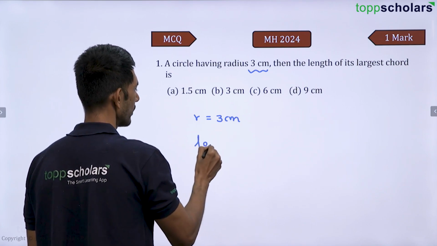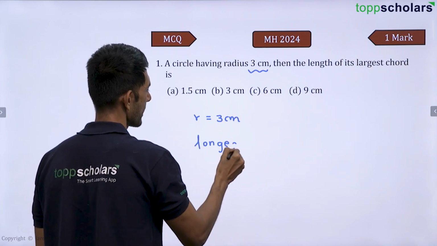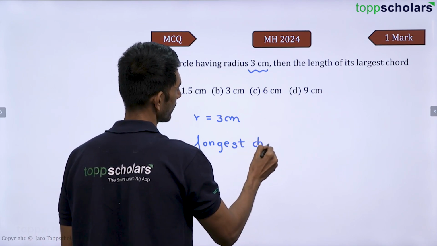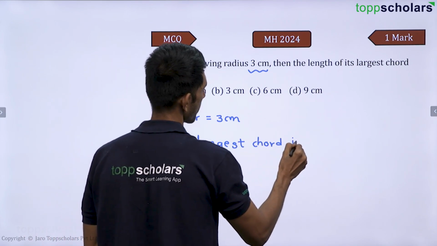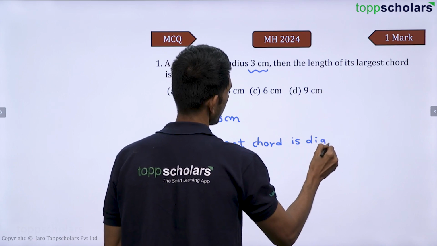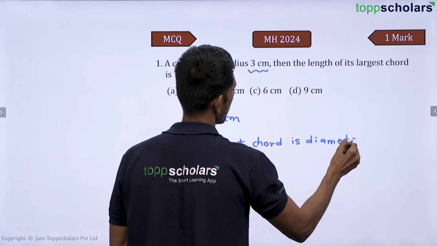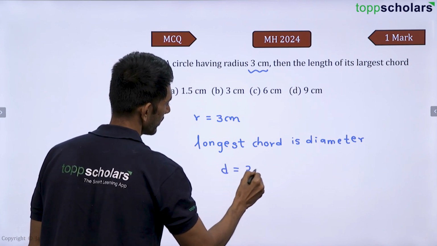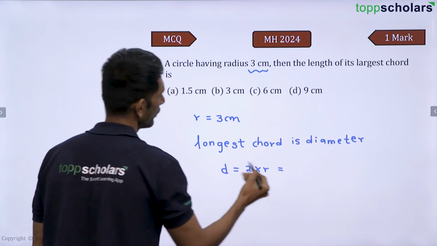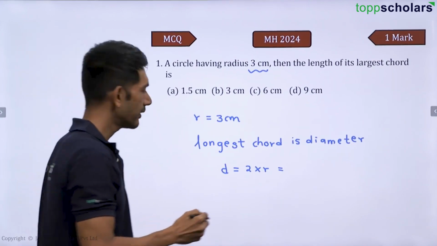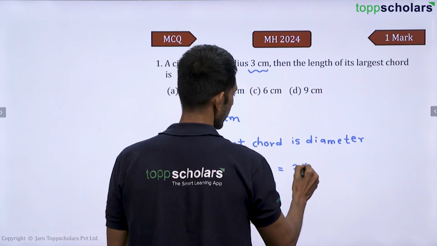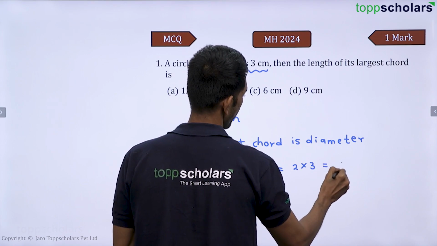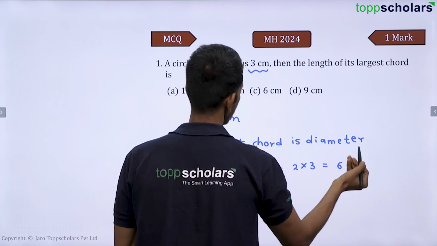Longest chord. What is the longest chord? We know that the longest chord of the circle is a diameter, and diameter is nothing but 2 times radius. So if radius is 3 centimeter, diameter will be 2 into 3, that is 6 centimeter.